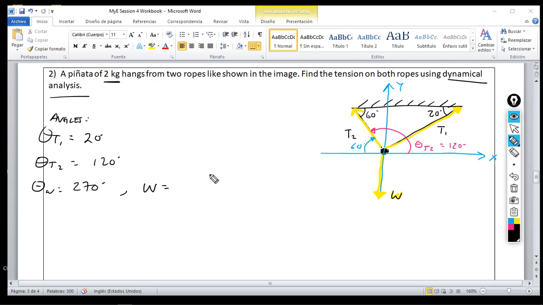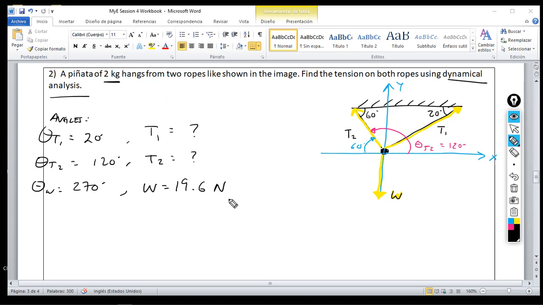Perform that multiplication, please. 2 times 9.8, and you will get 19.6 newtons. This is the magnitude of the weight. This is the angle of the weight. This is the angle of the tension 2 and the angle of the tension 1. But we don't know T1 nor T2 yet, because in fact these are the quantities that we're trying to get.